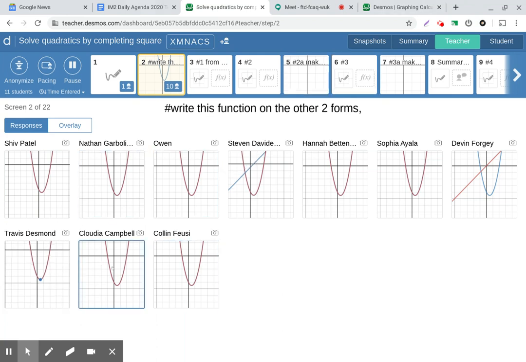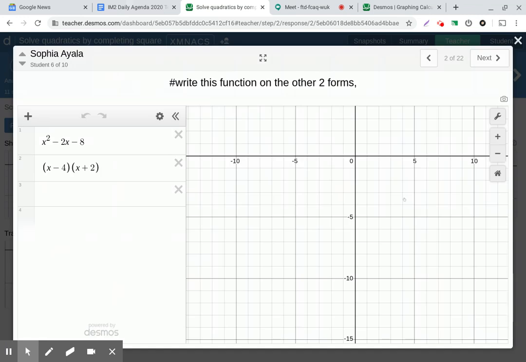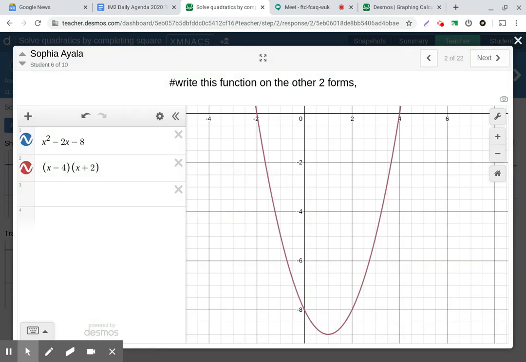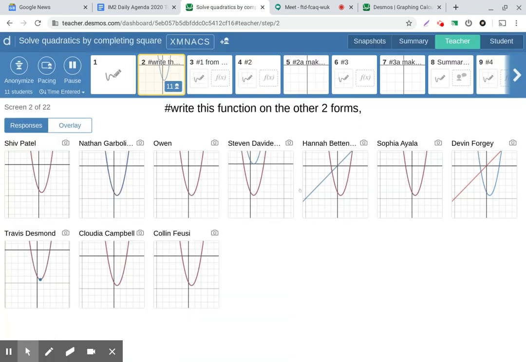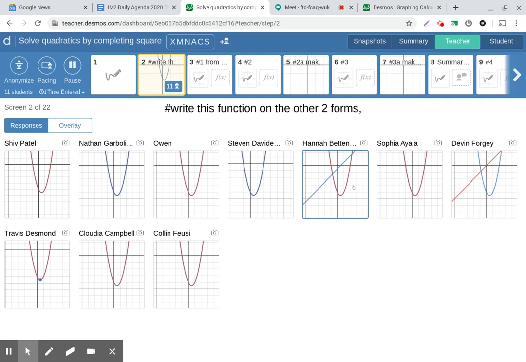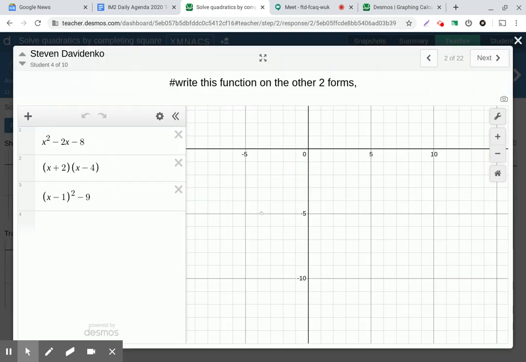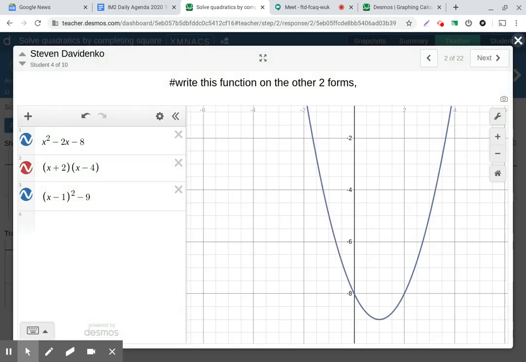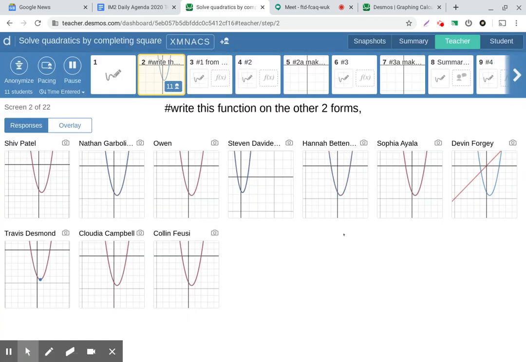Let me see Sophia's. All right, Sophia, good. You got the factored one. Can you do the vertex form too? If you click on the function, you can find the vertex, and then you have all three. Very good. So you should have three functions with one graph, right? It's the same parabola. It just looks different, but it's the same one.